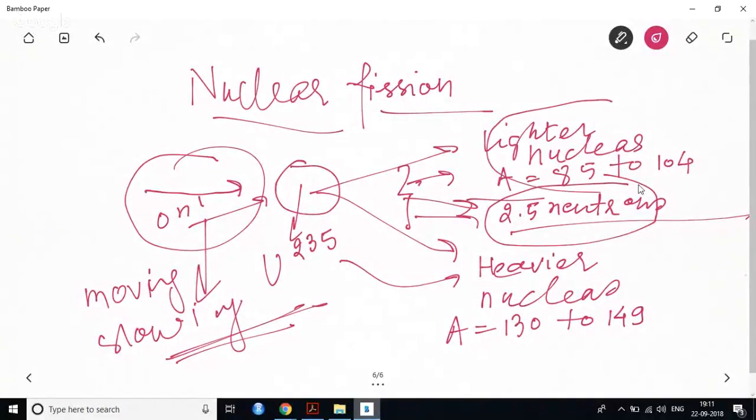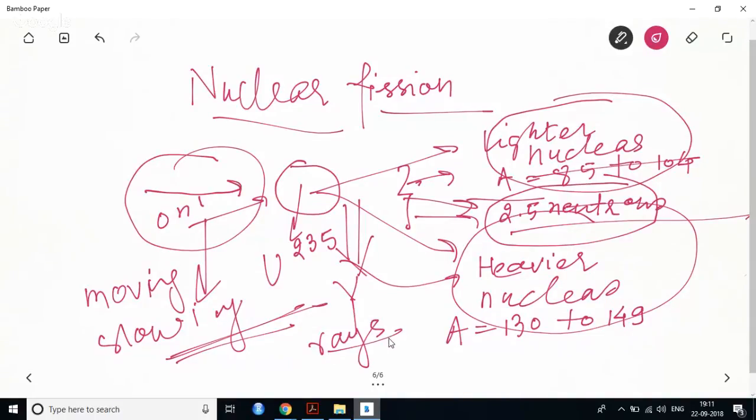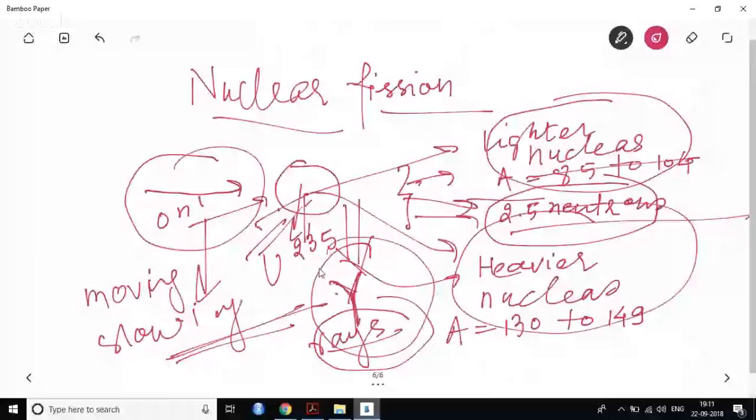I have already told you that there would be two nuclei, one heavier nucleus and a second, lighter nucleus. Another byproduct of nuclear fission is gamma rays. So always remember that gamma rays are produced whenever nuclear fission is going on, and that is why nuclear fission is very, very dangerous to living organisms. Extensive exposure to gamma rays can be fatal to human life or living organisms.